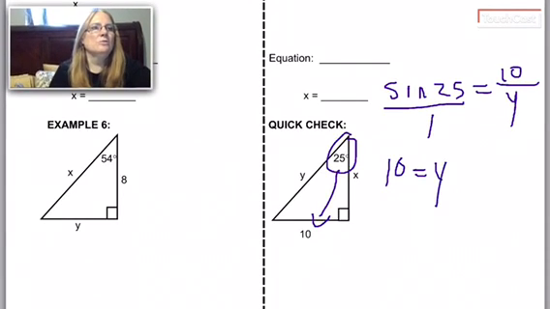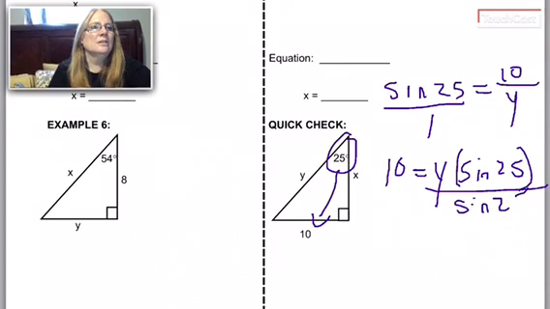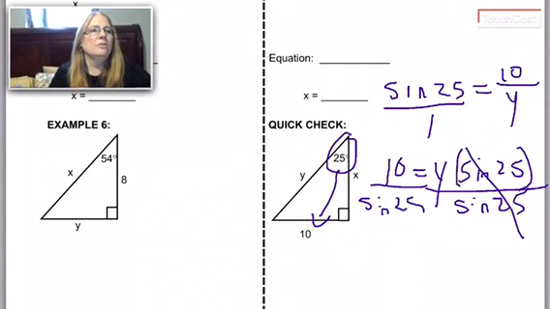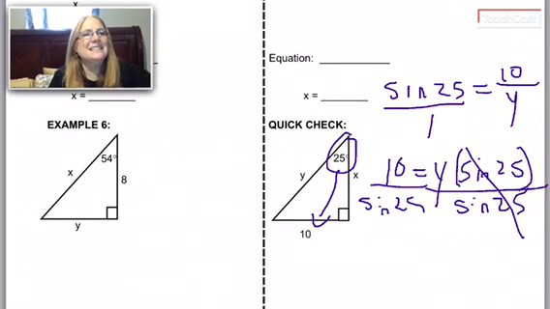So 10 is equal to y times the sine of 25, and divide both sides by the sine of 25, and you get y is equal to 10 divided by the sine of 25. And it is 23.66.